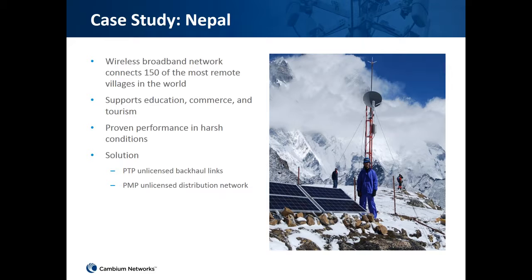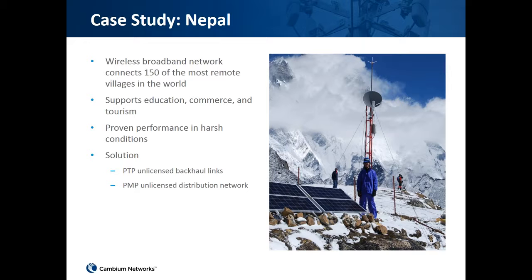This definitely provided education for the children to study, because they couldn't go to school, so they could study at home. E-commerce for people to make products and sell them, and tourism became a boom because a lot of people wanted to escape to this kind of area, and providing a good tourism website definitely increased their income.